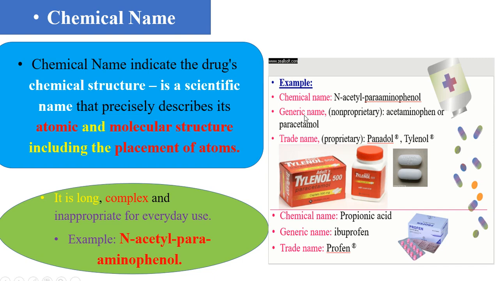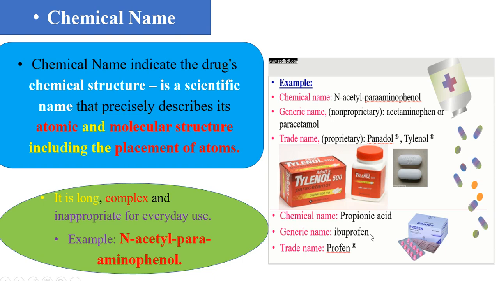Generic, as I said before, is a non-proprietary name, that is, anyone can use it in any country, while the trade name is proprietary. Just the company can put the name and can use it, like Panadol or Tylenol.